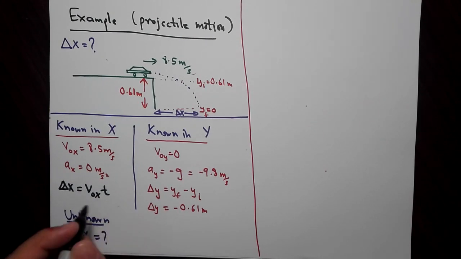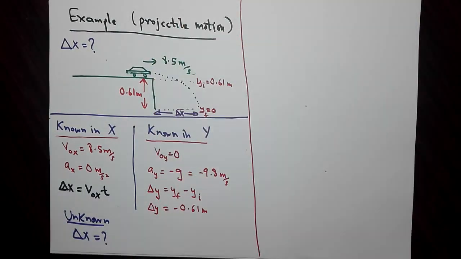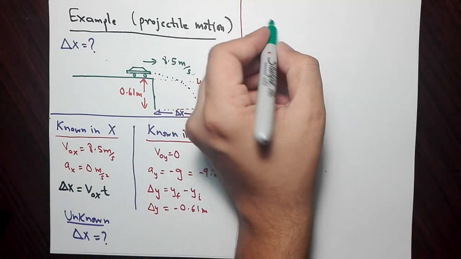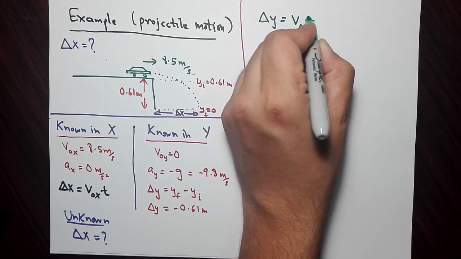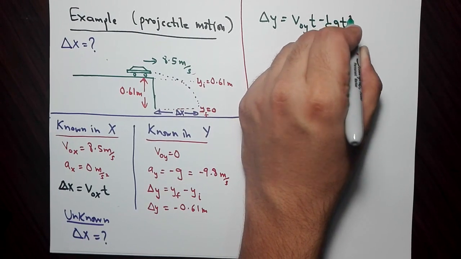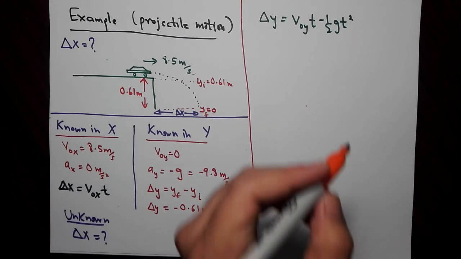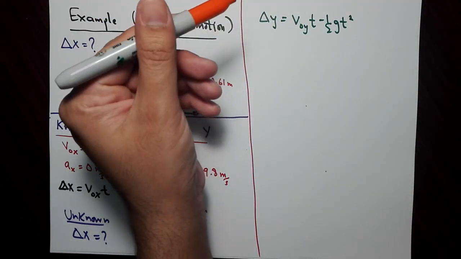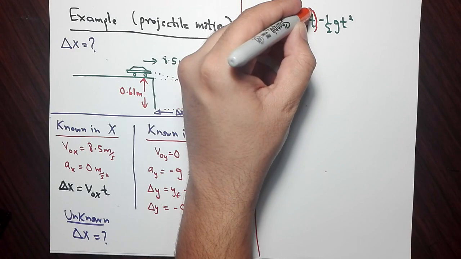So let's see which equation we use in the y direction. We know that now we need time. We know that delta y is equal to v naught y t minus half g t squared. That's one of the equations, right? If you're doing it for the first time, what I tell students to do is to circle the variables you don't know in the equation, and so we don't know time.